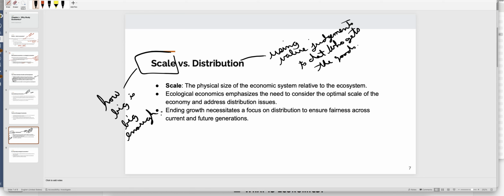We don't talk about things in that way. An ecological economist would, right? What is the optimal size for the economy to be able to meet the needs that we have and address these different distribution issues? And so, as we focus on things like fairness, that's going to be part of the discussion for an ecological economist.